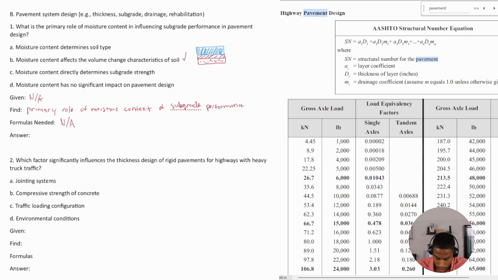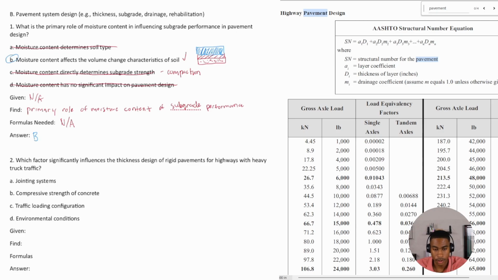Subgrade strength is a number of factors. It's not just the moisture content. It's also things like compaction. There are a few different things that determine your subgrade strength, so I would say no to that. D, moisture content has no significant impact on pavement design. I believe that it does. So just from picking answers, I'm going to go with B.